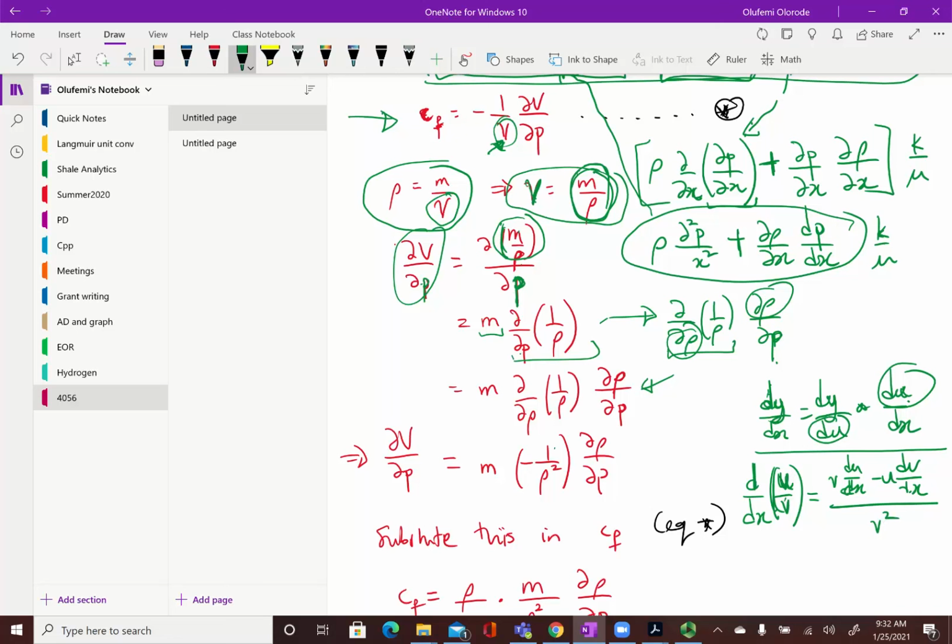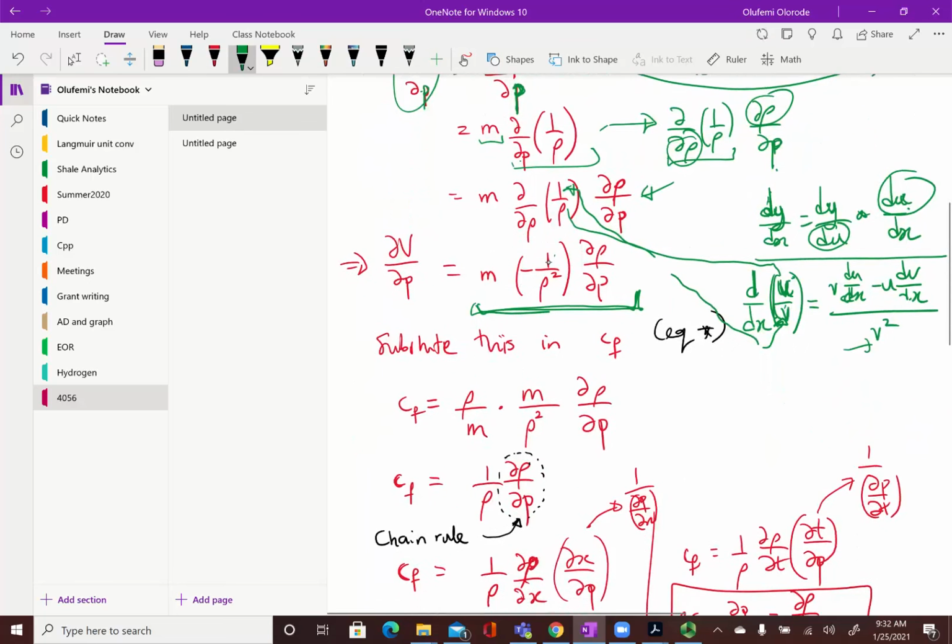If you set u to 1 and v to rho, this is precisely what you get. I'll let you do that since this is basic calculus. So you have minus 1 over rho squared times d rho/dp.